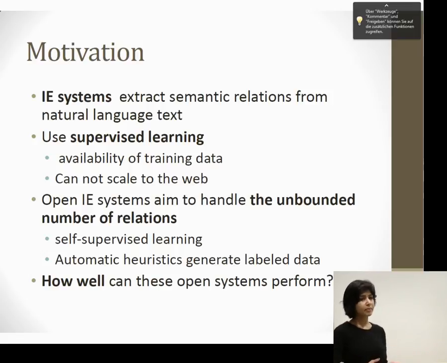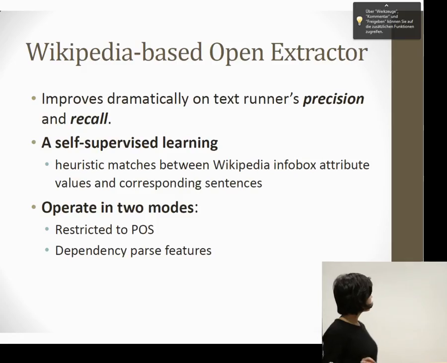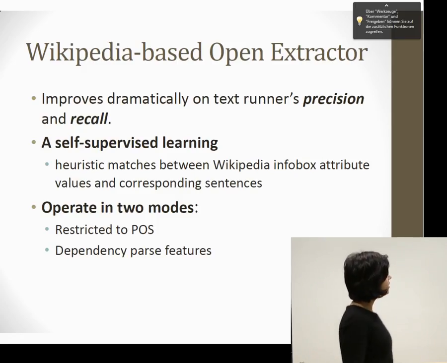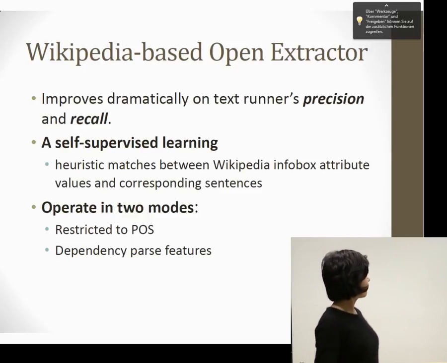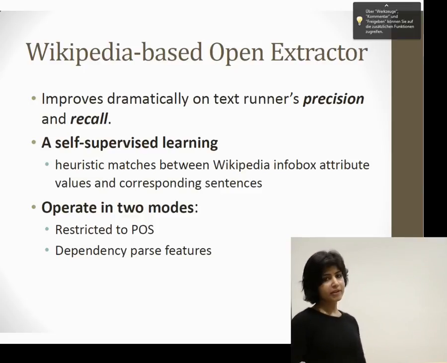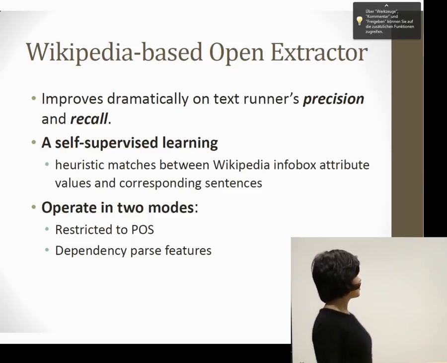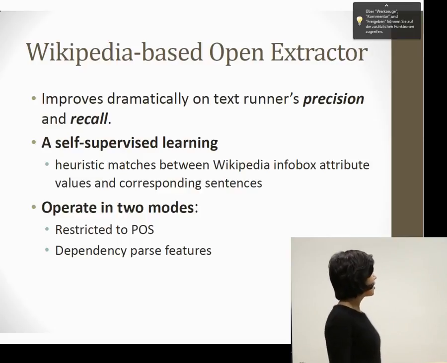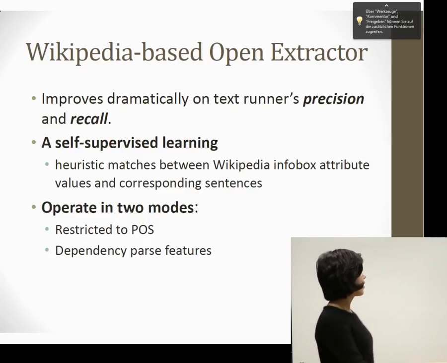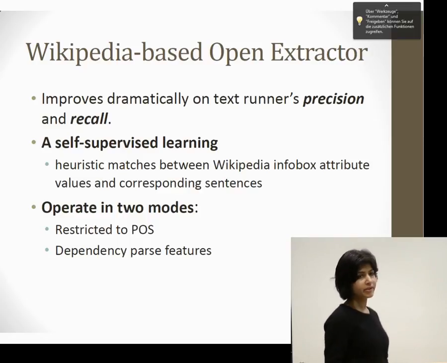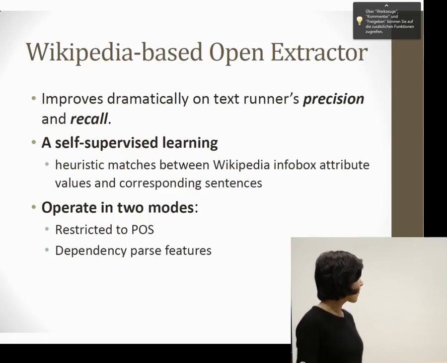In the previous presentation, we saw TextRunner, and here we will introduce Wikipedia-based Open Extractor, WOE. Its performance in precision and recall is better than TextRunner because it uses self-supervised learning which uses Wikipedia infobox attribute values and corresponding sentences in that article.